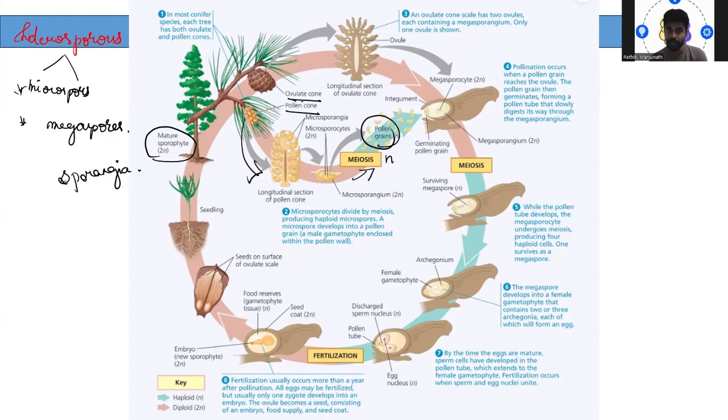Same thing when coming to the ovulate cone. Okay. When you take a section of this ovulate cone, you will see the ovule. So what you are seeing is the megasporophyll. In the megasporophyll, you will also see the megasporangium.